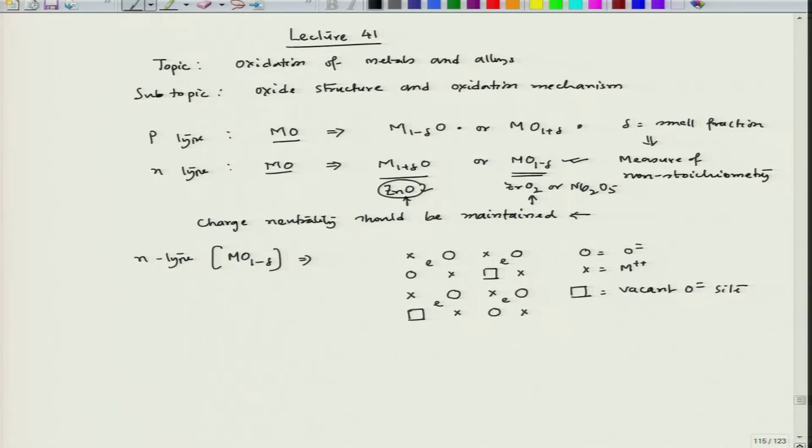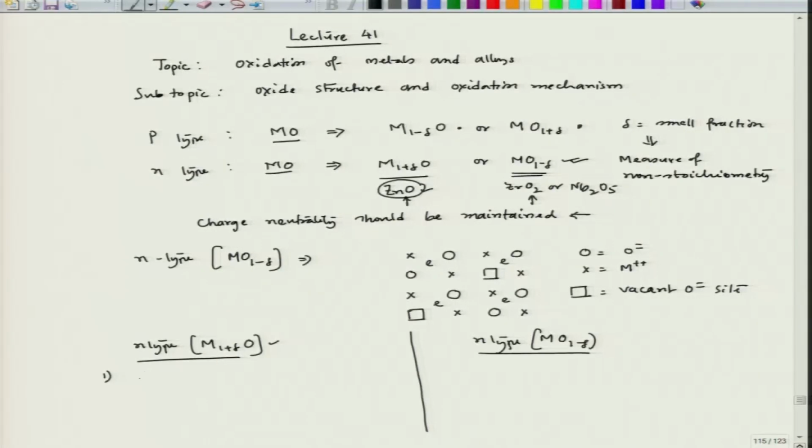So, if I try to compare these two situations, one is n type where M1 plus delta O, that situation. Another situation is n type where MO1 minus delta, this situation. If we go back to the last part of lecture 40, you would understand why there should be interstitial cation in this situation.